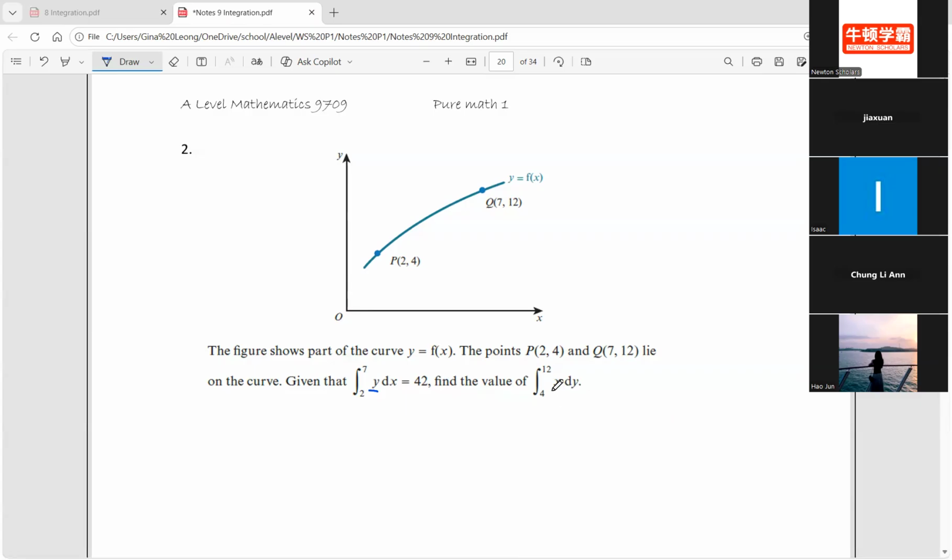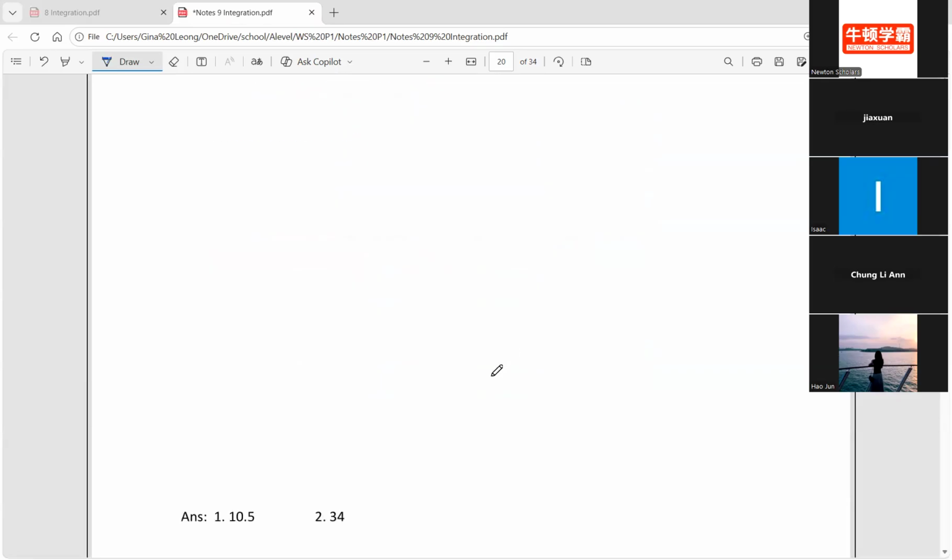And then this one is x equals something something y, so maybe it can be y over 2, 2y squared something, dy. He actually needs you to find the value. I think he did not give you the full question.